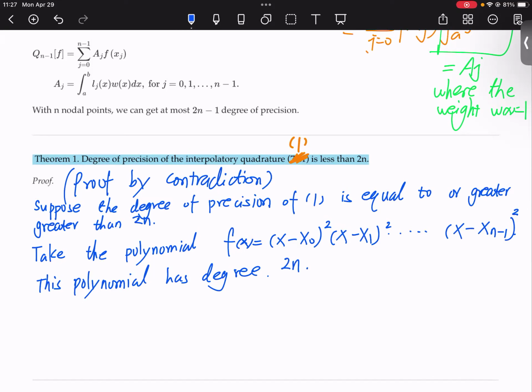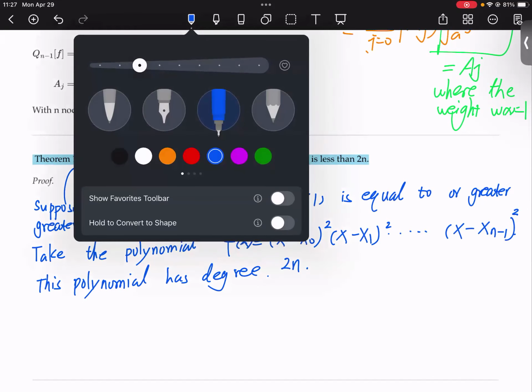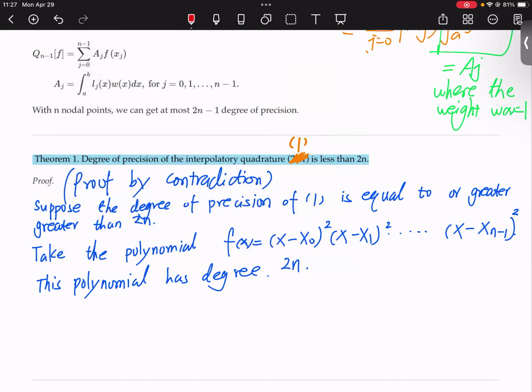And what I just mentioned is the definition of the degree of precision.